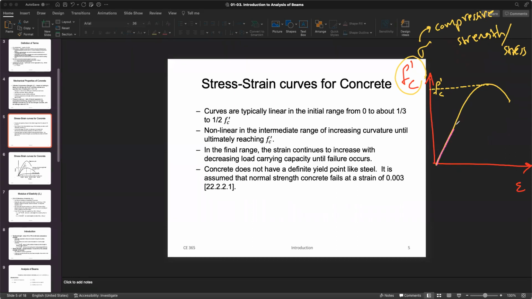So we go straight and then we start to curve. This is the linear region. In concrete, it is from 0 to usually half or 1/3 of F prime C.